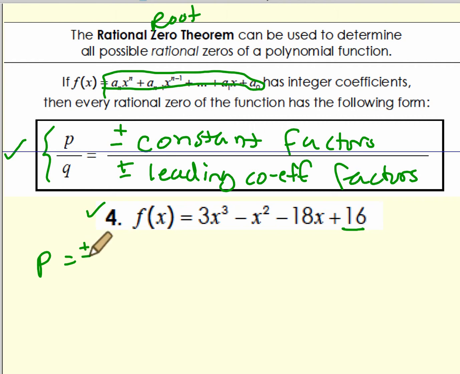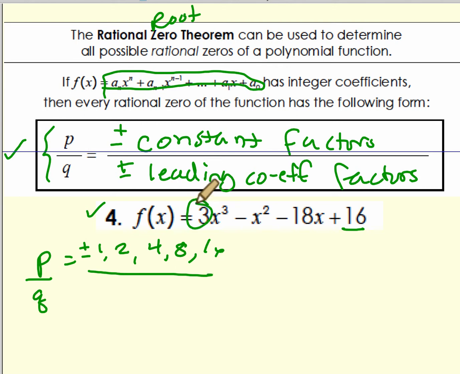So what are my factors of 16? Well, 1 goes into it. It's even, so it's divisible by 2. 4 goes into it, 8 goes into it, and 16. Now we go back to our leading coefficient, and we want factors of 3, so that would be 1 and 3.